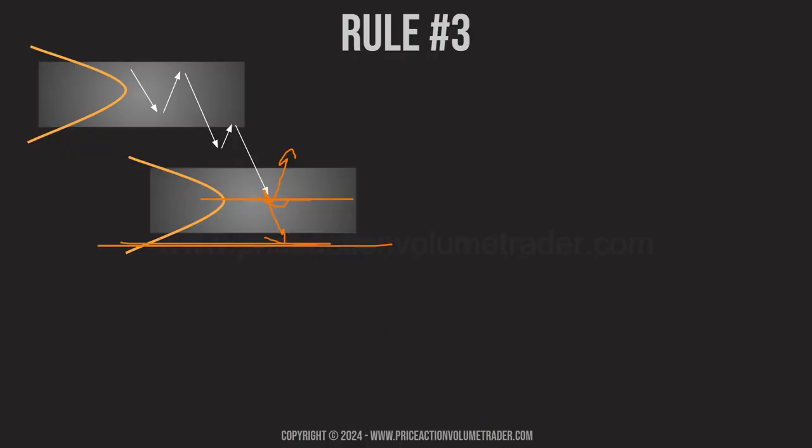So points of control do act as rejection points, especially when coming from one value area into another, from one high volume node into another. But I think it should be more discretionary. We should look into here, you know, in the lower time frame for any micro bullish structure.